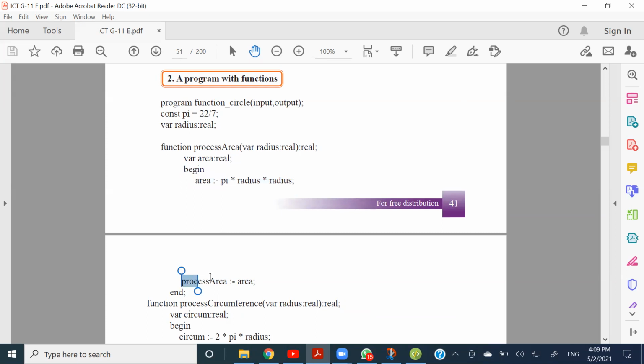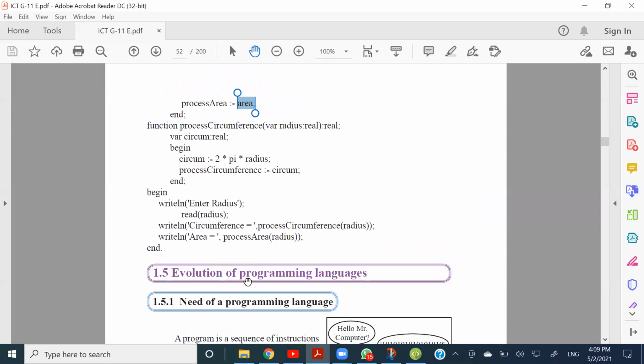And from here, process area, the area will be returned to this particular place. So it will print area equals whatever value is returned from the function process area.